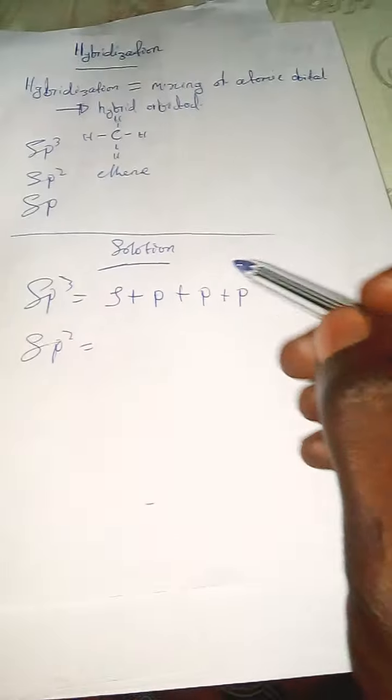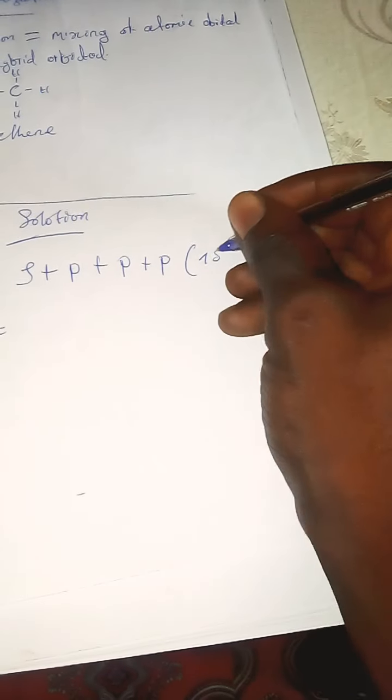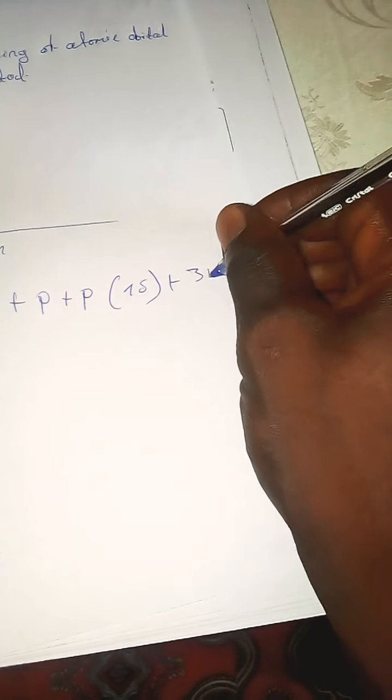As sp3 hybridization was the mixture of s plus p plus p plus p, that's 1s plus 3p, it's nearly the same thing here.